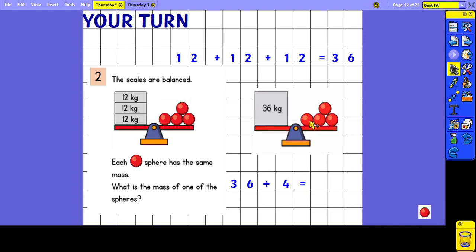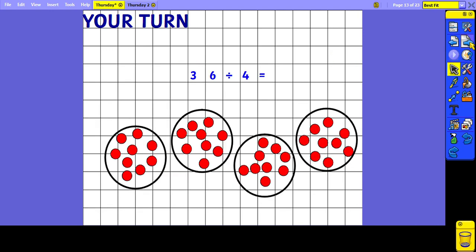To do that, we're going to do 36 shared by 4 because we have got 4 spheres. Once again, I've made 4 groups and I've shared 36 counters evenly between the 4 groups.